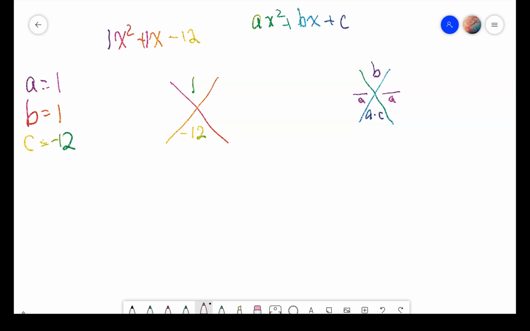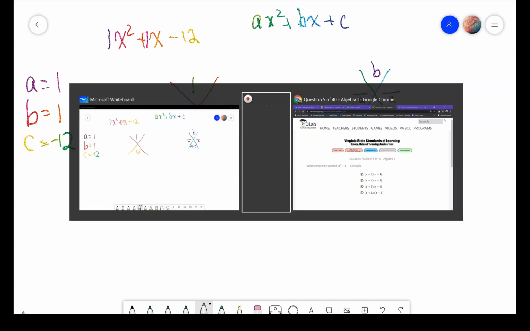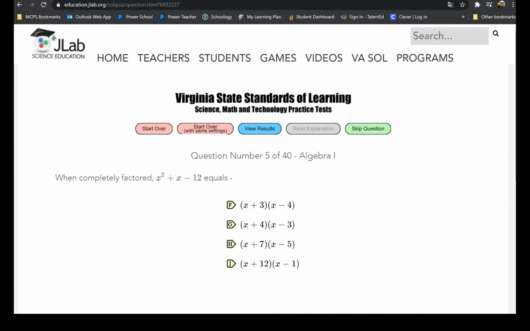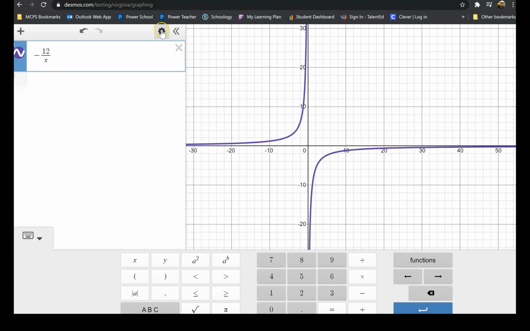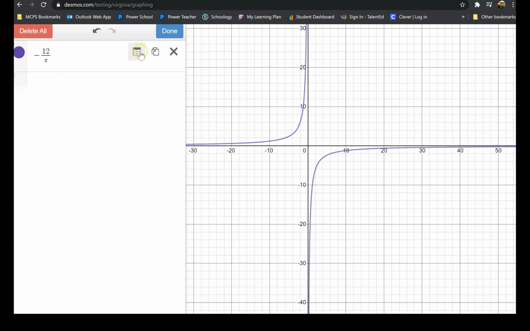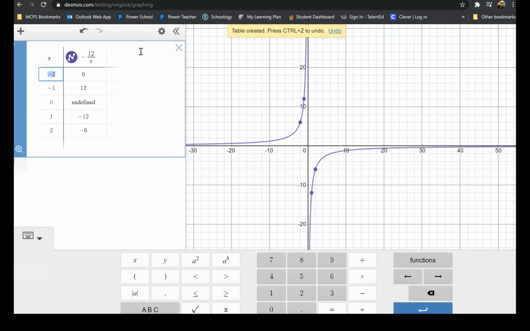Let's go to Desmos and take a look. So we're going to do 12, or actually negative 12, divided by x, hit the wheel, and then the table.